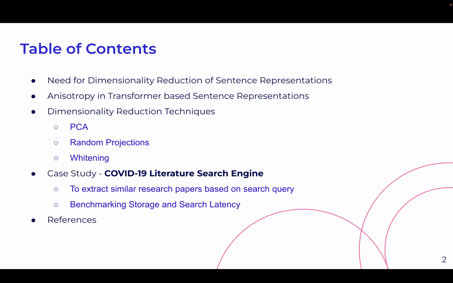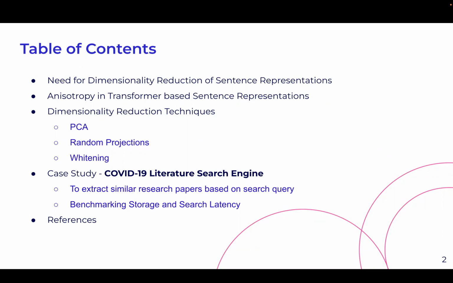So these are some of the things that I'll be touching upon. The first one is why do we require dimensionality reduction of sentence representations? And later on, the important topic for this whole concept is the second one, that is anisotropy in transformer-based sentence representations.